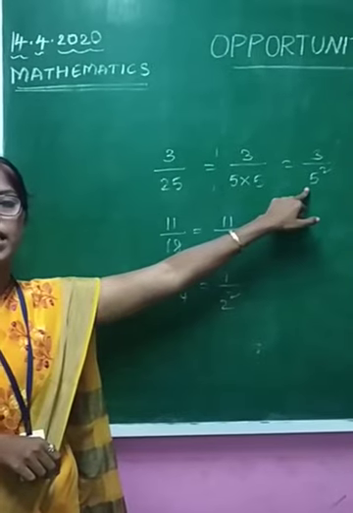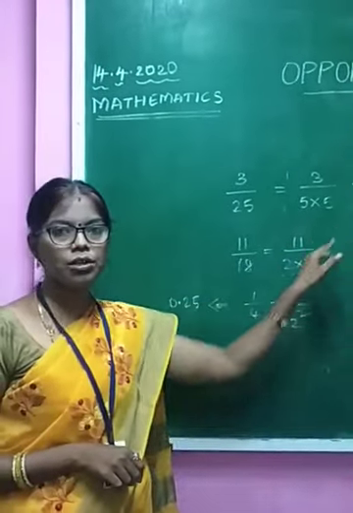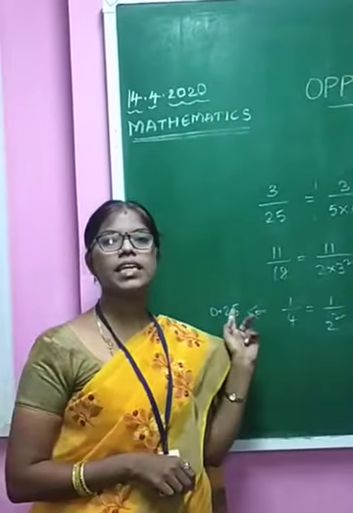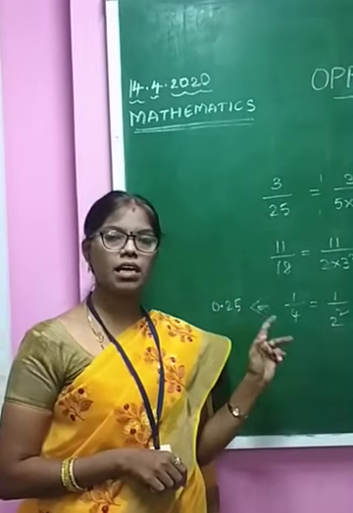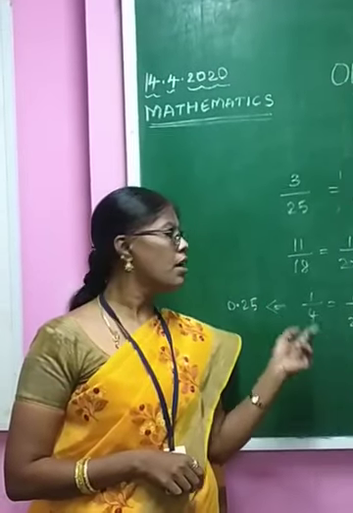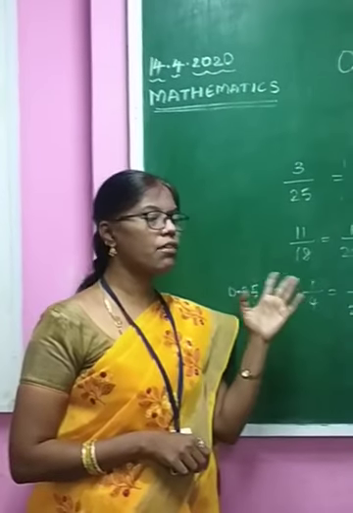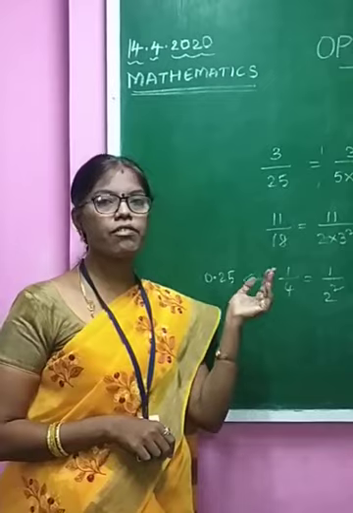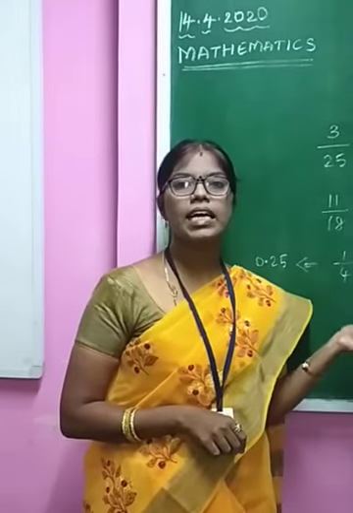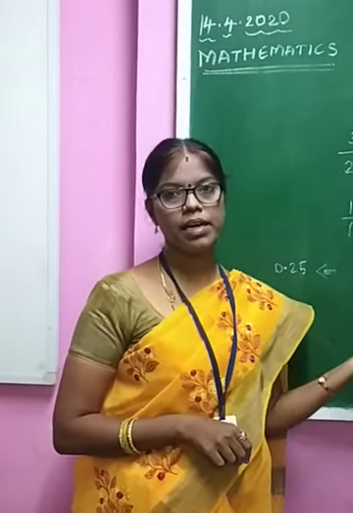If the denominator has powers of 2 and powers of 5, then we can say that it is a terminating decimal. Powers of 2 alone are not enough; powers of 5 we also have to take into consideration. So if the denominator has powers of 2, powers of 5, or a product of powers of 2 and 5, then we can say that it is a terminating decimal.